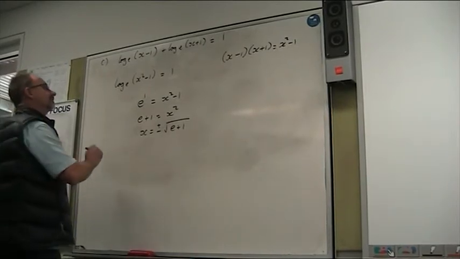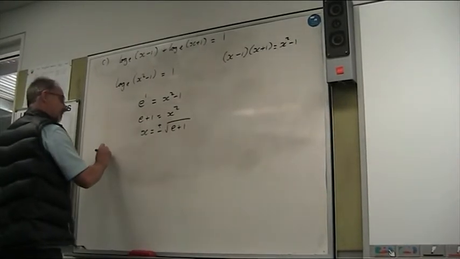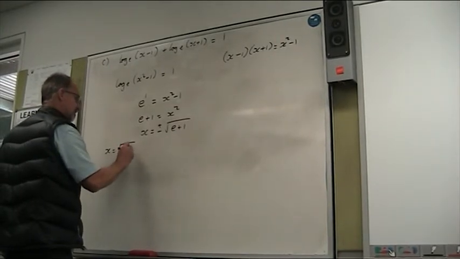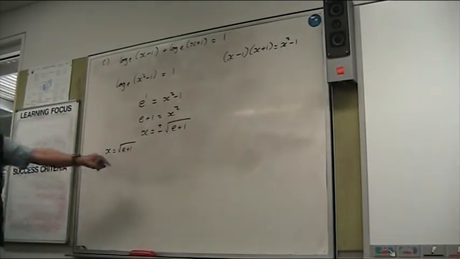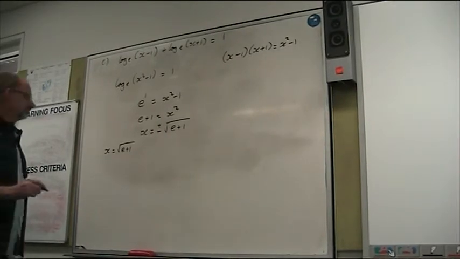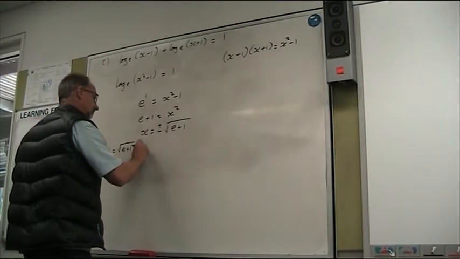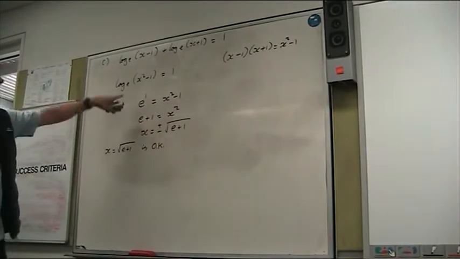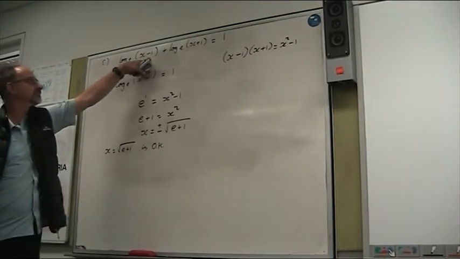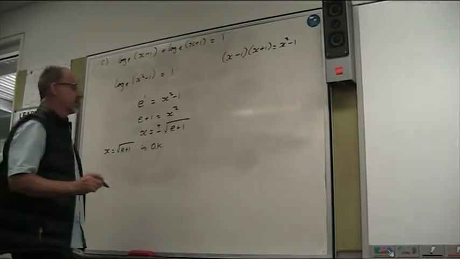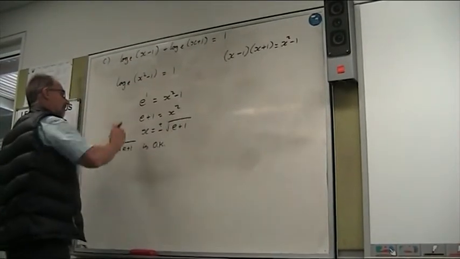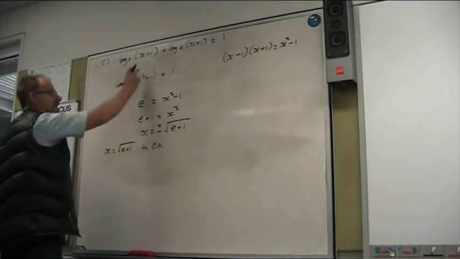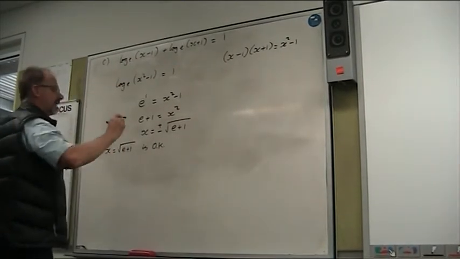The square root of e plus 1 is okay, because we've got to be checking x minus 1. In your calculator you find that it's bigger than 1, so that one works out okay.